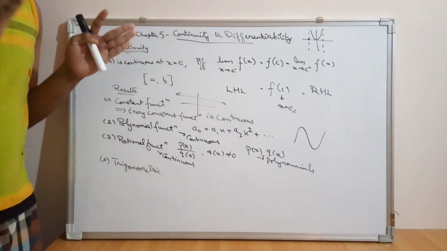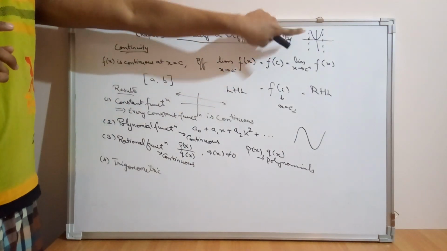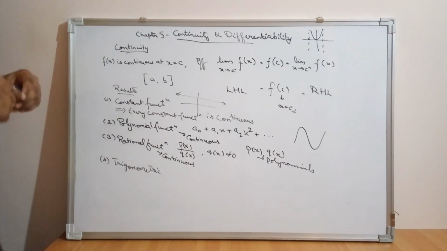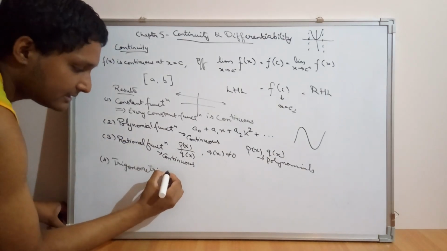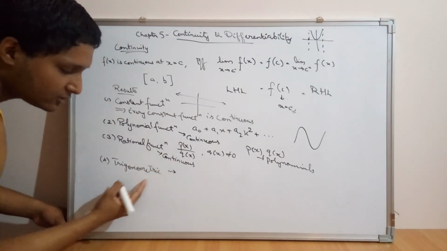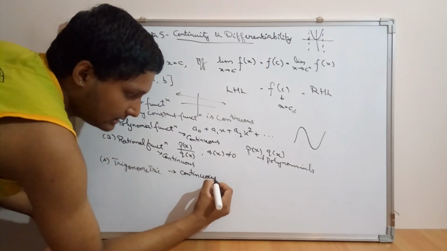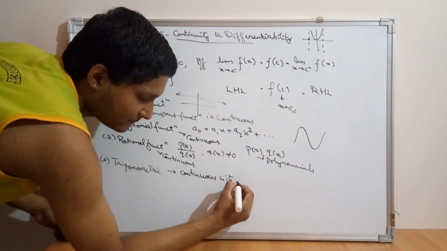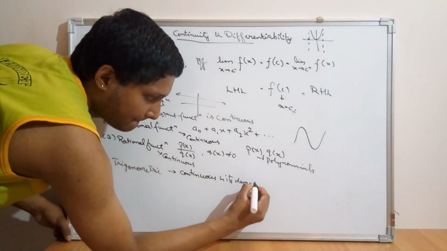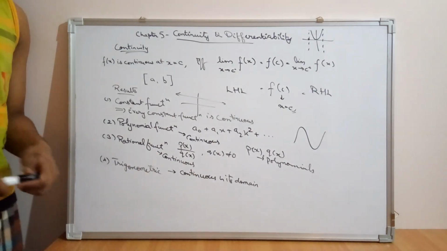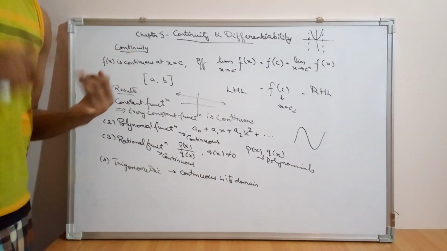Therefore in its domain it is continuous. You should be very careful while writing the sentence here, that is, trigonometric functions are continuous in its domain.